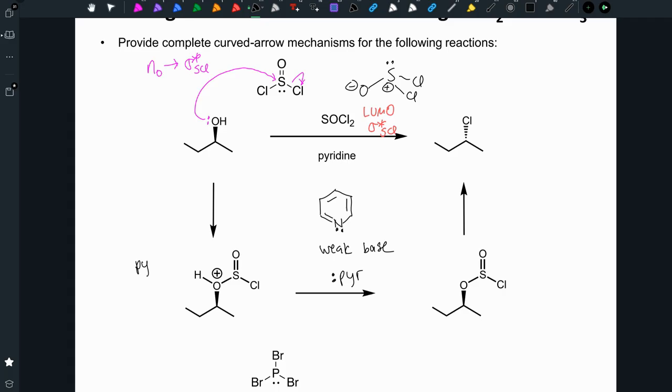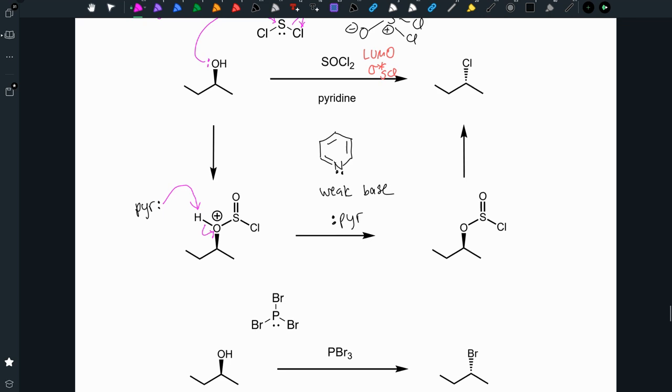So its role here is, now I have this strongly acidic proton, and I'm going to come and remove that. And that creates this next intermediate. The thing about this next intermediate is we now have created a very good leaving group.